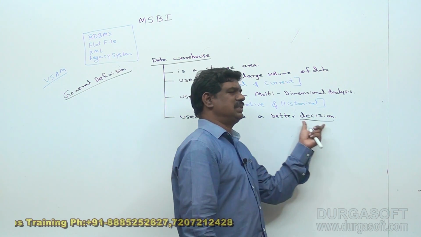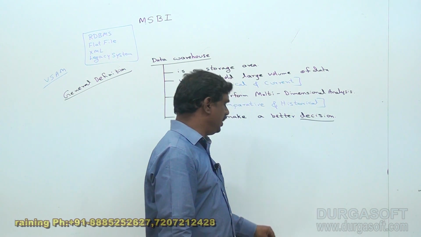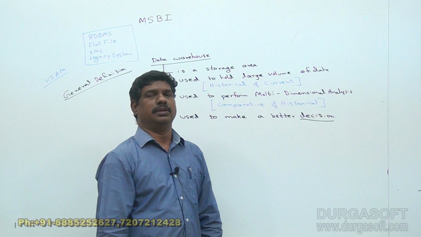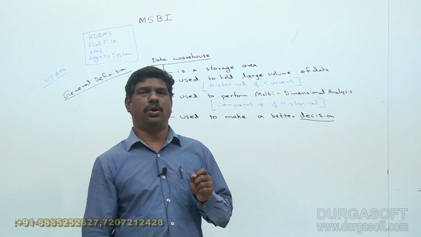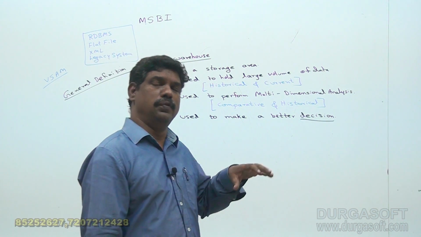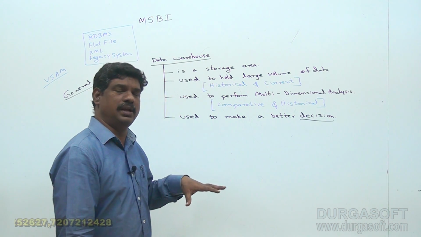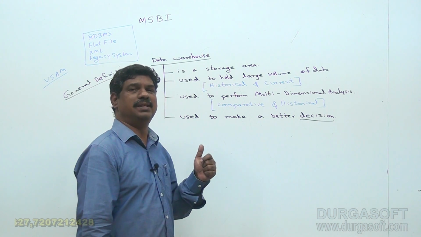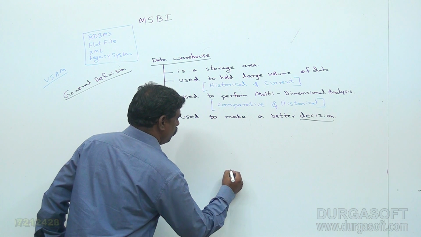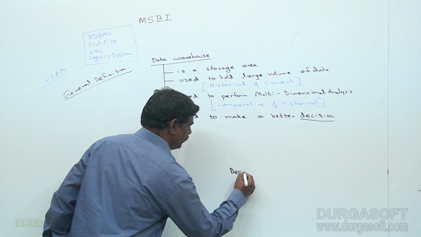But if it is considered as a sales-related thing, how do you make a decision? That decision making comes from how the current business is running. If you know how the current business is running, based on that you can take the decision.